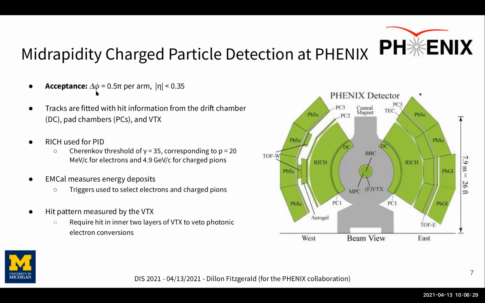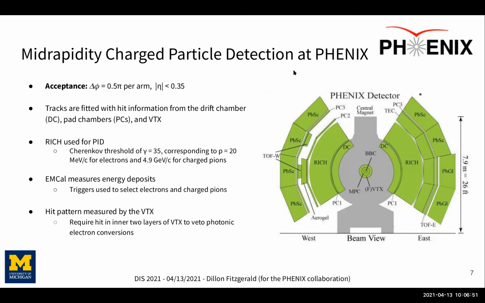The azimuthal acceptance is 0.5 pi per arm on either side of the beam here, and the pseudorapidity coverage is just a narrow wedge at absolute value of eta less than 0.35. Tracks are fitted with hit information from the drift chamber and the pad chambers, as well as the VTX. And this is how we get a measure of momentum.